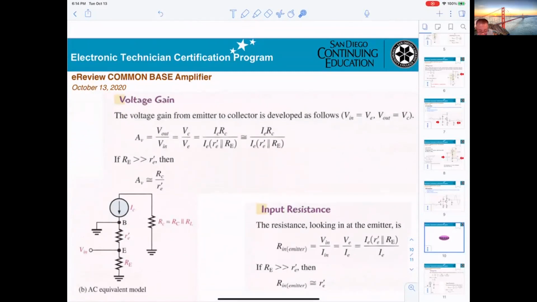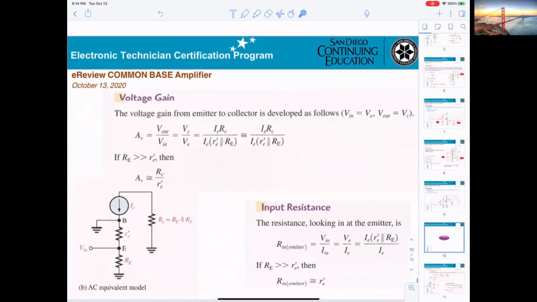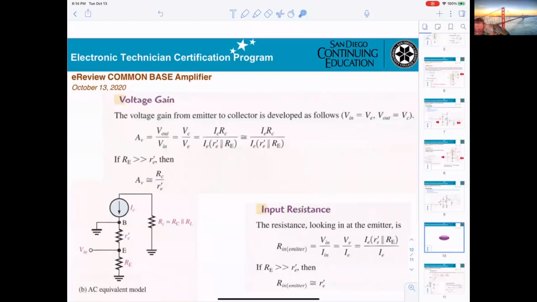Finally, this is what you need: AV equals RC over R prime E. And also in here, I gave you the input resistance. R in will be equal here.